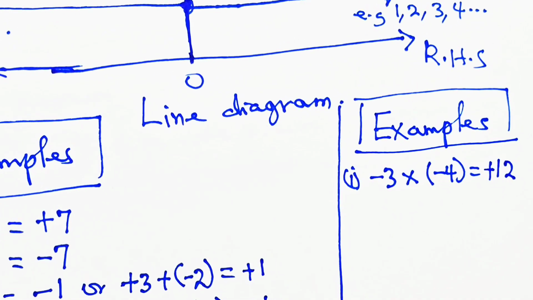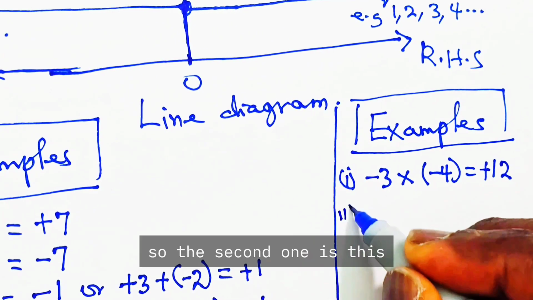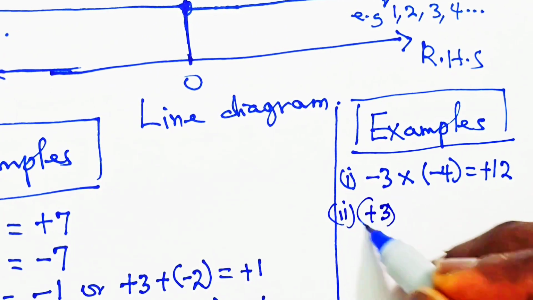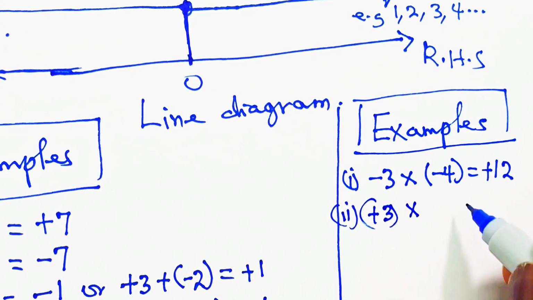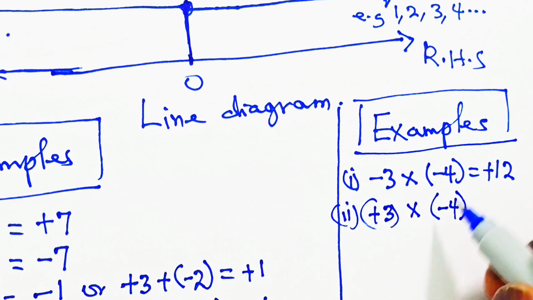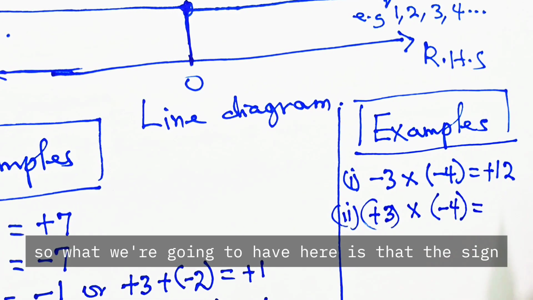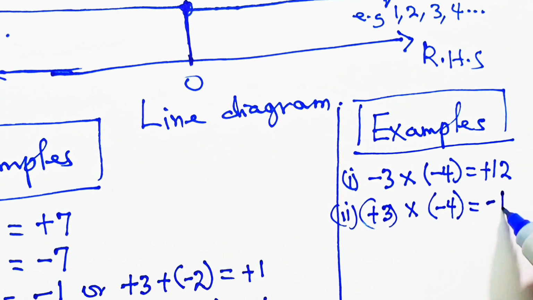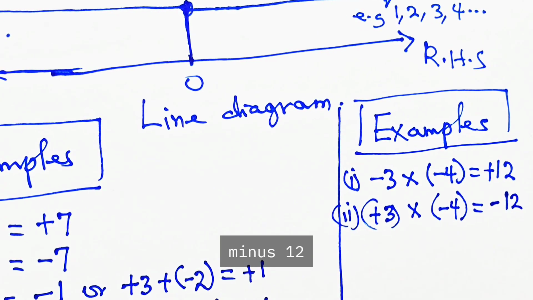So the second one is this: if we have plus 3 multiplied by minus 4, the sign retains minus, so we have minus 12.